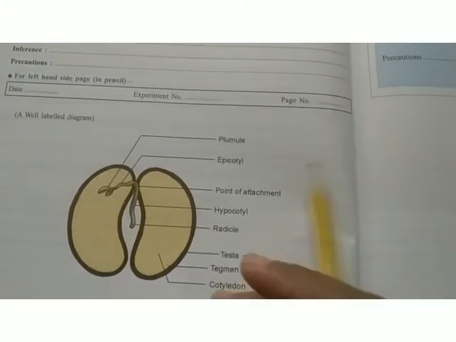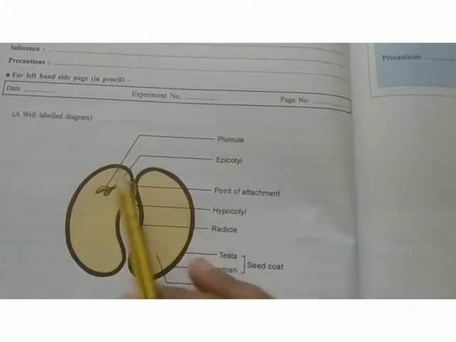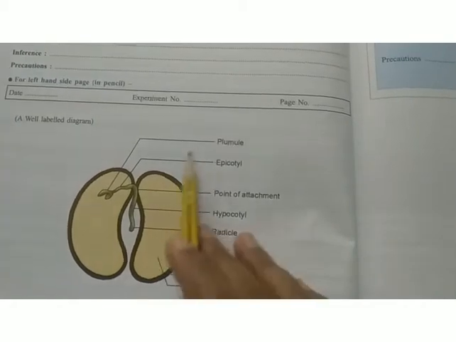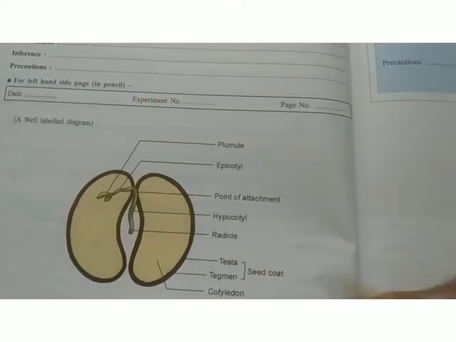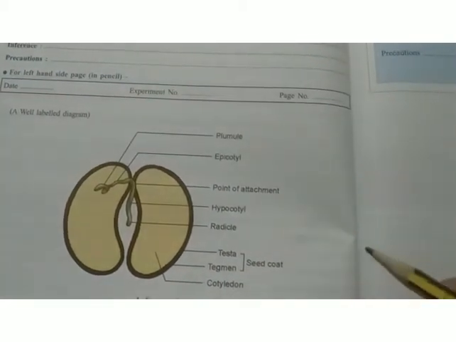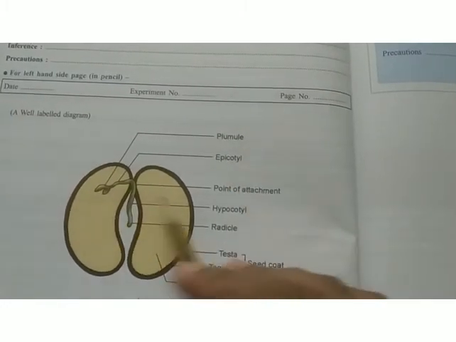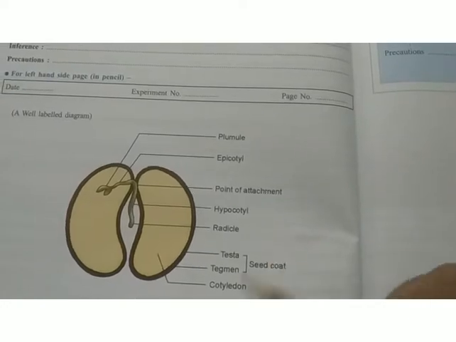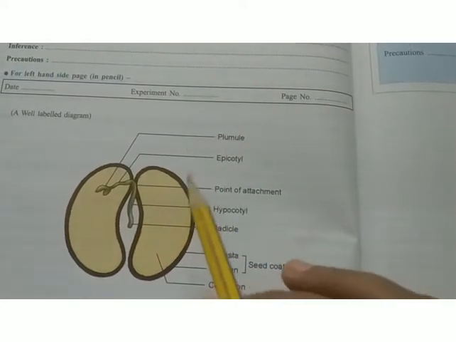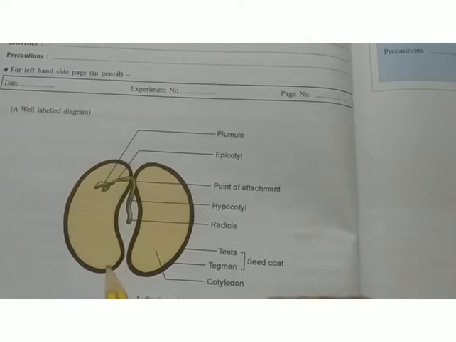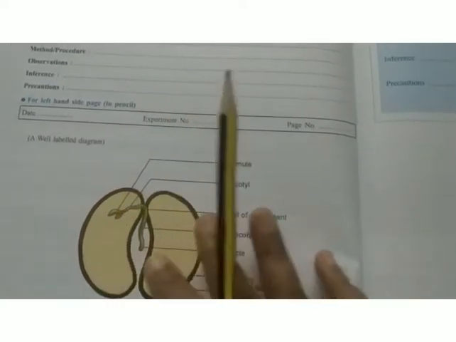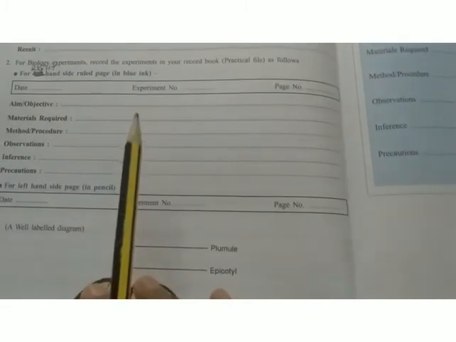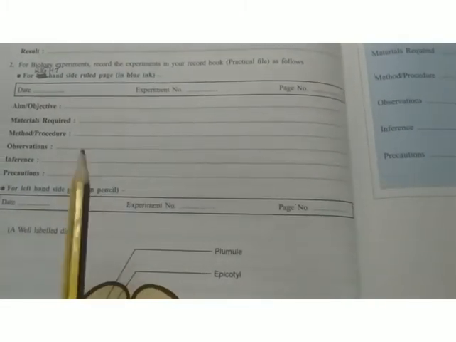The diagram should be a well labeled diagram. And you need to mark the parts of the figure like this. All the markings should come on the same side like this. Okay, systematically you must mark the different parts of the diagram. So only the diagram will be there on the left hand side page for biology experiments, and the rest of the things should be written on the right hand side page of the record for biology. Okay children.